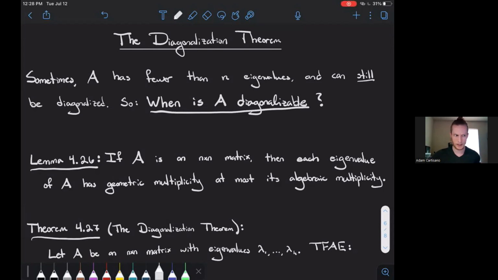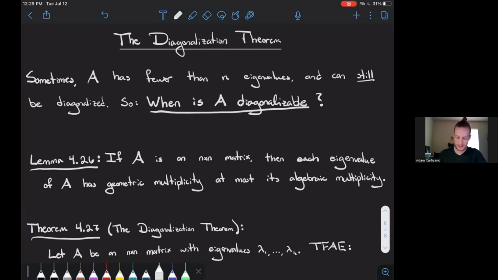It was 0 and -2 were our distinct eigenvalues, and yet the matrix was still diagonalizable. So the question is, when is a matrix diagonalizable? We still don't know that answer. We know sometimes when it is, but what is the condition for being diagonalizable? It can't be just having n distinct eigenvalues, because we have a counterexample of that. So what is it? We actually have to build up to it.